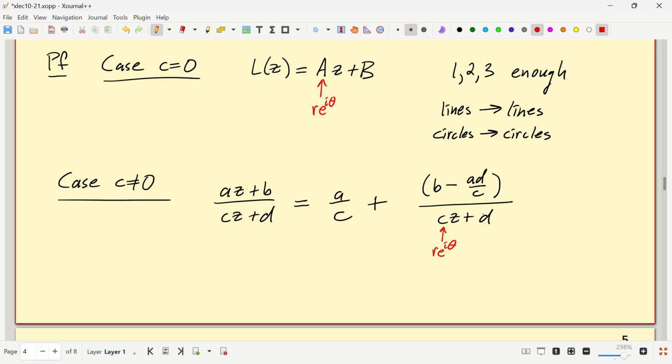So the next stage would be an inversion. We take 1 over that, and then we have this another complex number here, RE to the I psi. So I invert that thing, and I stretch it by capital R, and rotate it by psi. And then the last thing I do is translate it by complex number A over C.